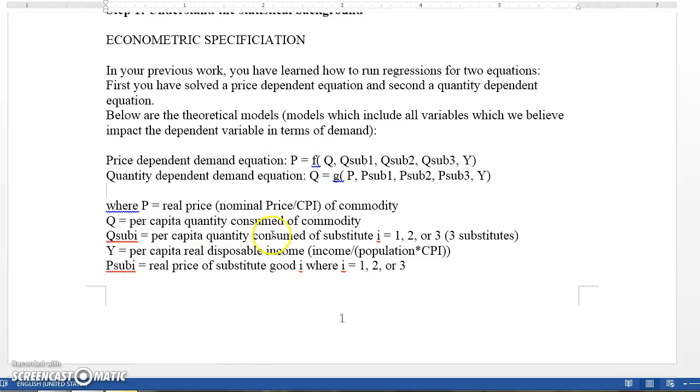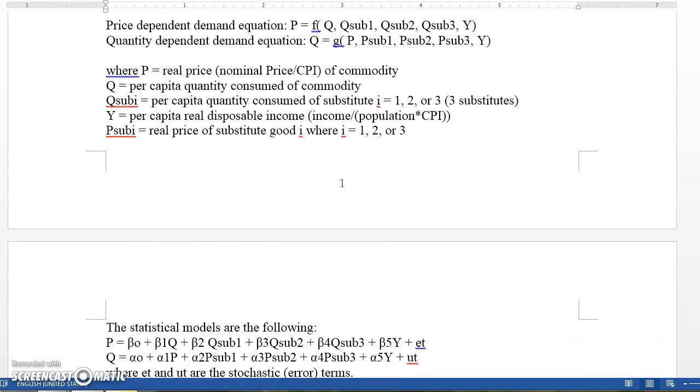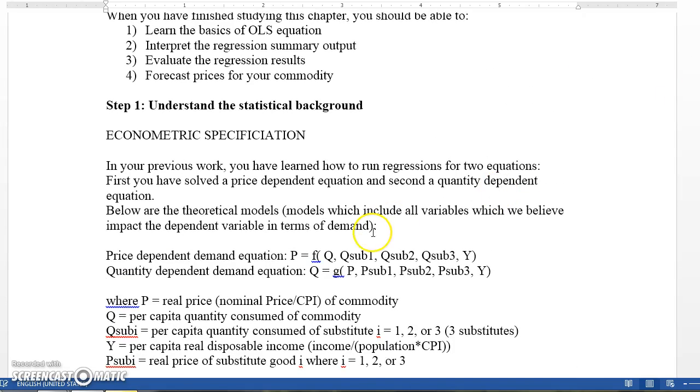And in the following, I provide you some explanations for the variables. We have also estimated the quantity-dependent demand equation. In this equation, the left-hand side, our dependent variable, is the per capita consumption of your major commodity. On the right-hand side, we include 5 variables.